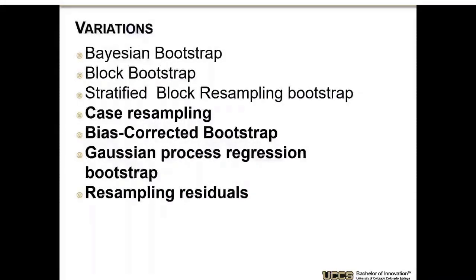Bias-corrected bootstrap is if I've estimated my bias, so I've gotten way too many Republicans or Democrats in the sample I gave before, I can use that sort of bias recorrection. Stratified block resampling may or may not be doing bias correction. It can be doing other things as well.